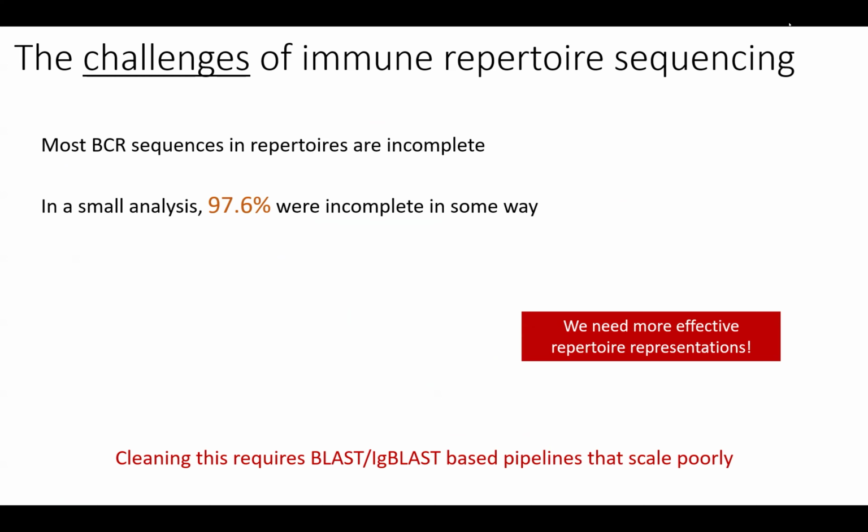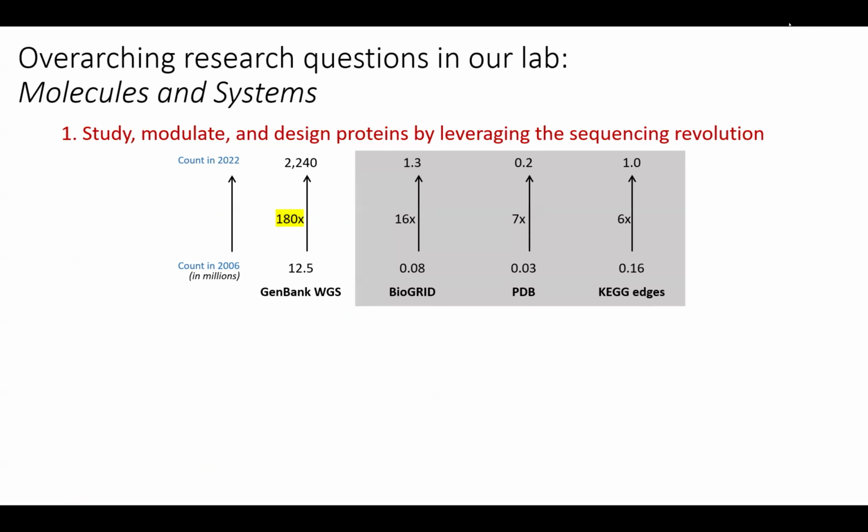So that's the setting, and this is what we are interested in. As a very high-level overview of what my lab is interested in, as Victor mentioned, we're interested in questions at two scales.